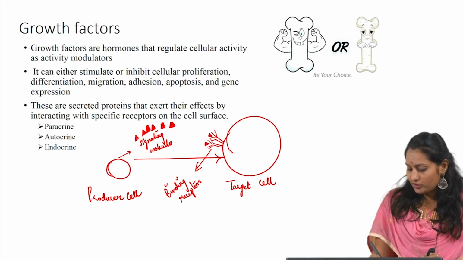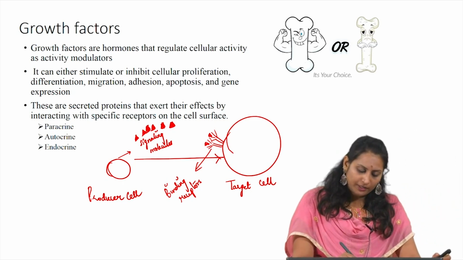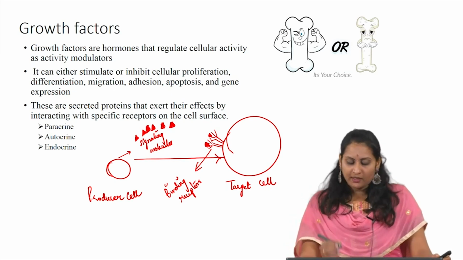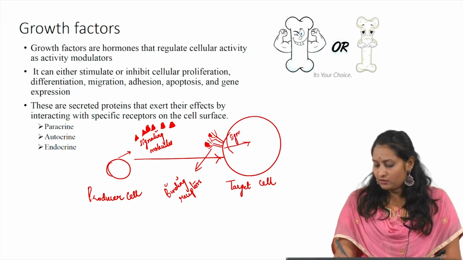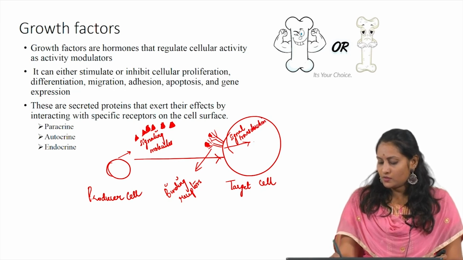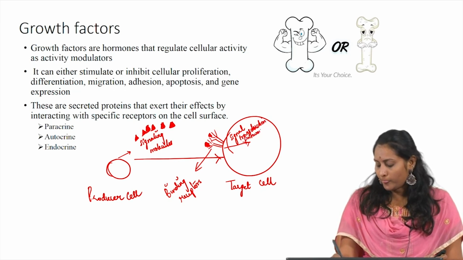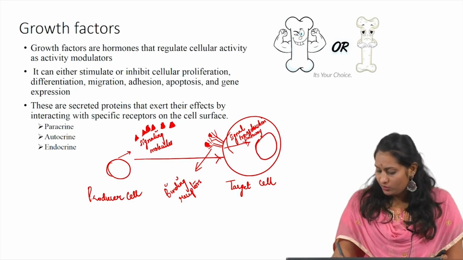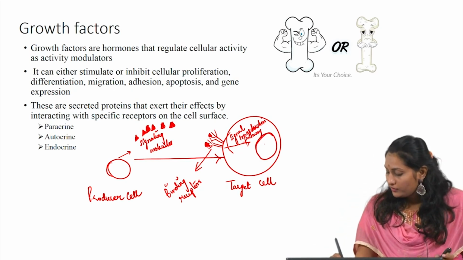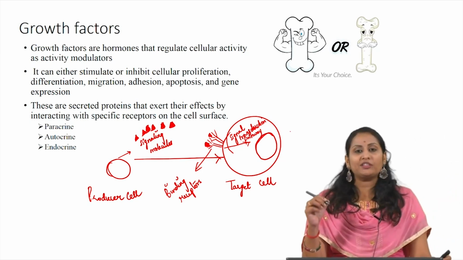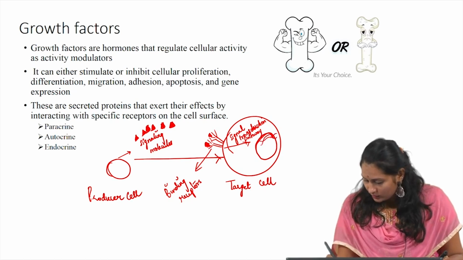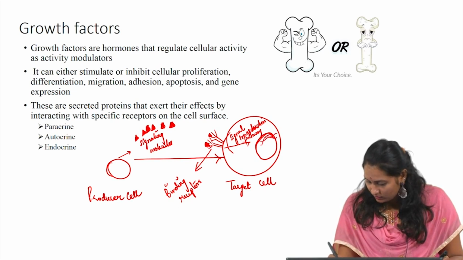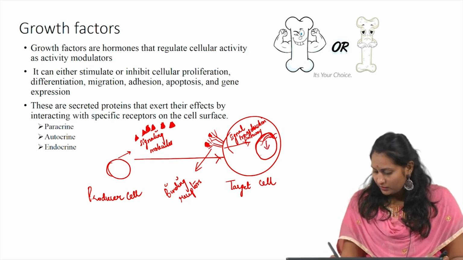The signaling molecules, which are nothing but the growth factors, go and bind to these receptors, and then it regulates the signal transduction pathways, thereby regulating transcription of genes present in the nucleus. Say this is the nucleus and DNA, it undergoes transcription.